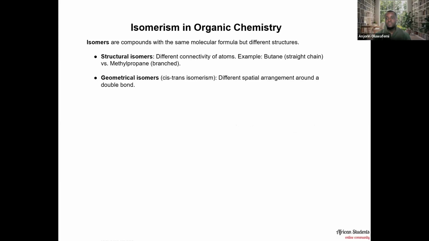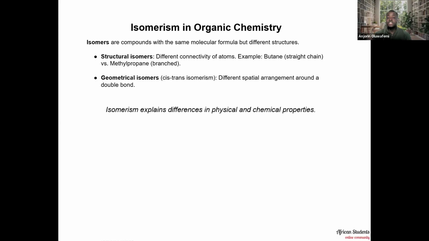Or in the other case, you have the C to C double bond, and the hydrogens bonded diagonally against the two carbon atoms. That's why we have a trans configuration, so to speak. We'll talk more about this as we move along in this lesson.